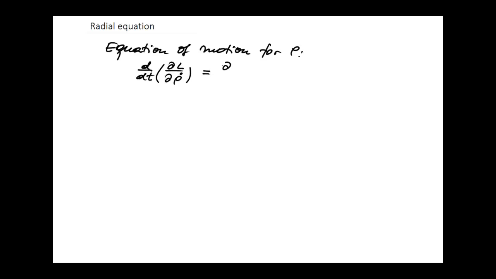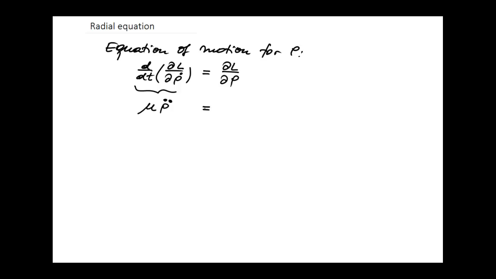This must be equal to the partial of L with respect to rho. When you consider the form of the Lagrange function, in particular the kinetic energy, you see that the partial of L with respect to rho dot, that's mu times rho dot, and the time derivative of that is mu times rho double dot.